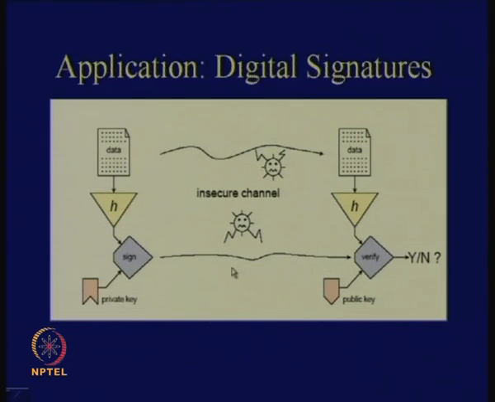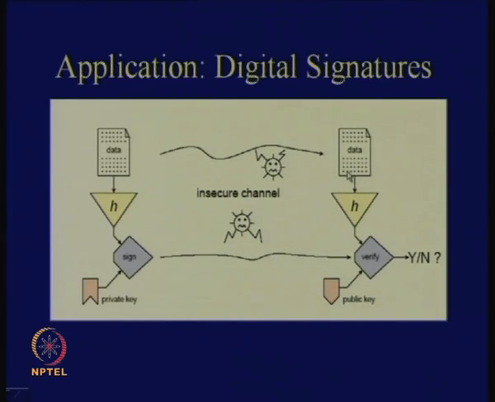So you see that now any eavesdropper is unable to compute the signature, because he or she does not have the private key, okay. So this is transferred here, and the data.